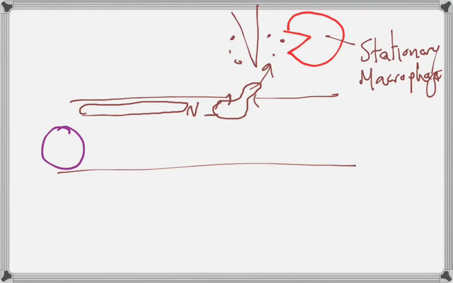Chemokines secreted by the neutrophils, in the same way that neutrophils get recruited by macrophages. The ones that are stationary are already there. You've already got them in your tissue.